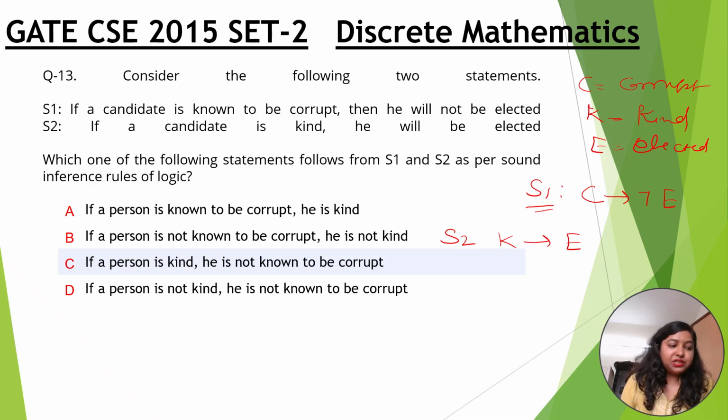ठीक है, अब स्टेप 2 में लॉजिकल implications को कंबाइन करो. From S2, step 2. This was step 1 above. Now this is step 2.